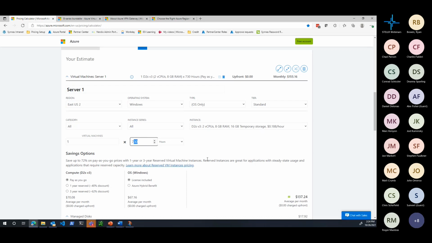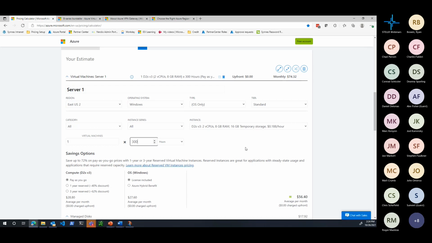If you wanted to do 742 hours, it definitely changes the price, because this is calculated based on the hours. This is also a great way of showing some savings. If I'm only going to run this during the work week, that may be only 300 hours. Well, we looked at that originally as a $155 machine, and now running it at 300 hours, it drops to $74.32 on the estimate.